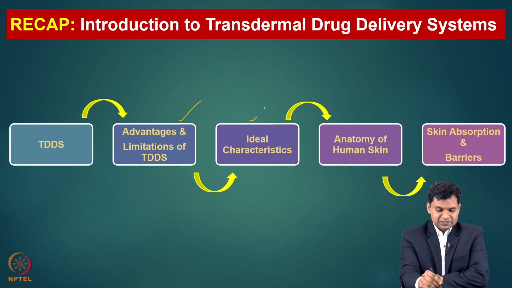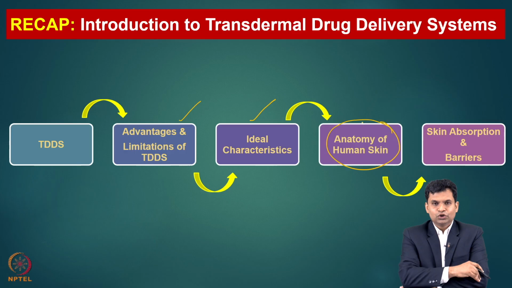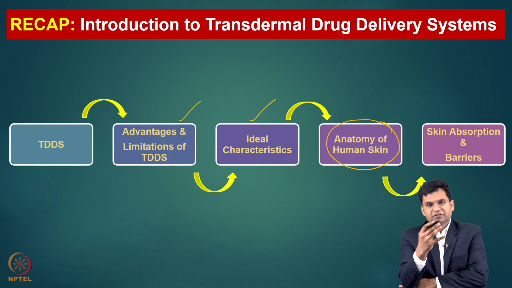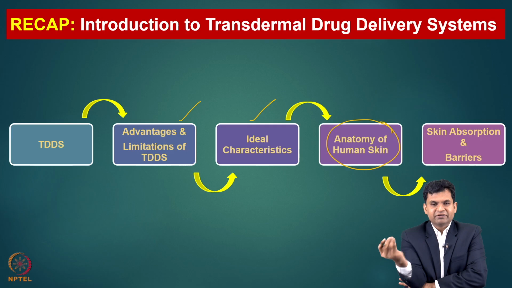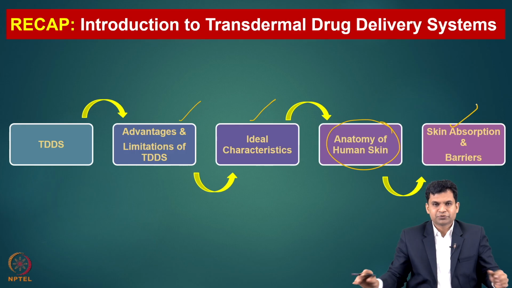We further discussed the ideal characteristics of transdermal drug delivery systems. Then we discussed the anatomy of the human skin, and studied the barriers which affect the permeation of the drug across the skin. And then we saw the skin absorption pathways and the barriers of the skin.